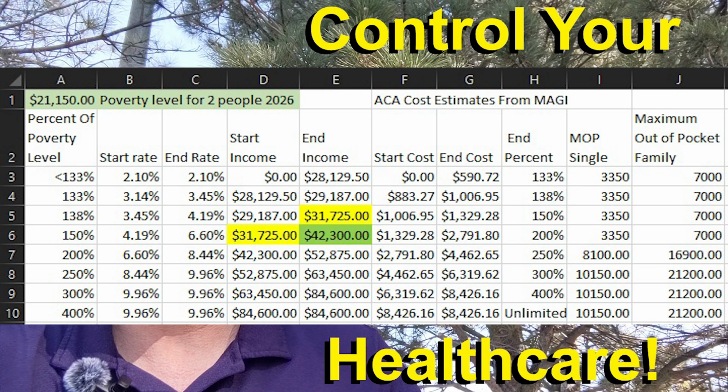So, if you're trying to retire early before you get Medicare, before the age of 65, if you can live off some Roth funds, you can have up to $42,000 of IRA or 401k withdrawals. You have to also include your qualified dividends or any long-term capital gains.